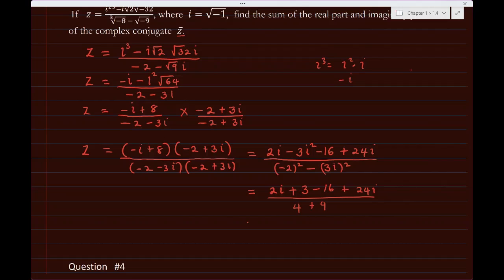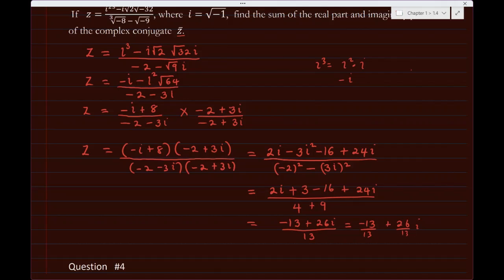So here becomes plus 9. So 3 minus 16 will give us minus 13. 2i plus 24i will give us plus 26i. Then we are dividing by 13. And this we can write easily as 13 over 13 plus 26 over 13i.